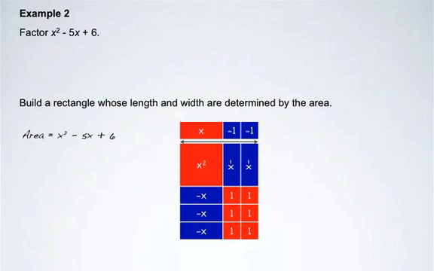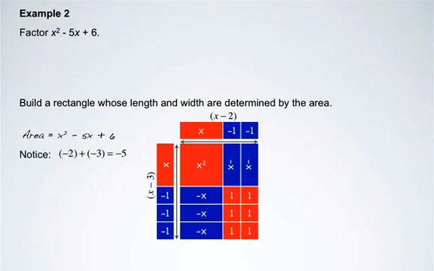Our length is x minus 2. Our width is x minus 3. Notice, negative 2 plus negative 3 is negative 5. The negative 5 fits with the second term.